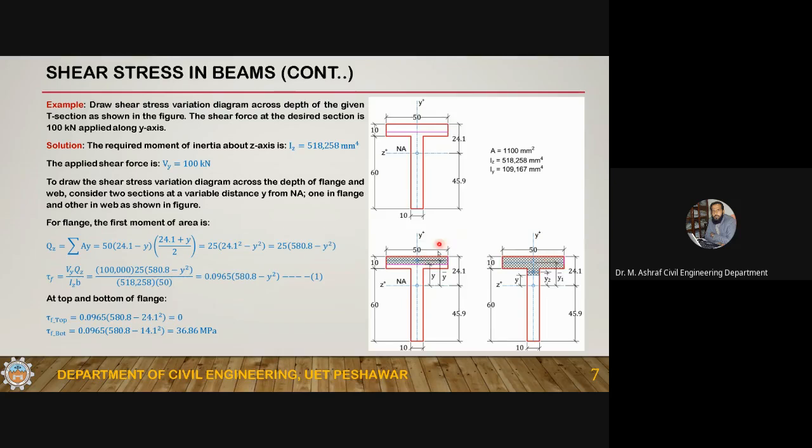Now at the bottom of the flange, anywhere along this line, the y value is 24.1 minus 10, which is 14.1. If you plug in 14.1 square, you will get 36.86 MPa. So the shear stress value at the bottom of the flange is 36.86 MPa.